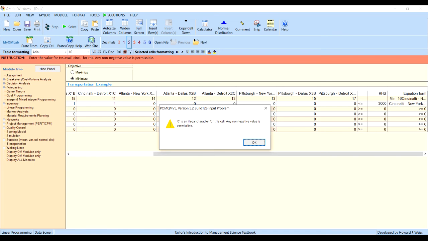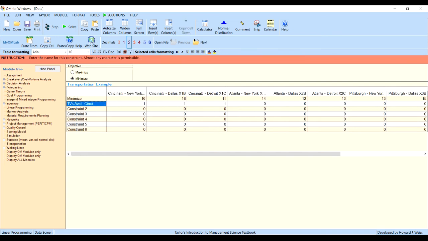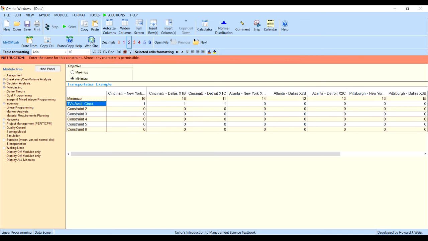So what we've done here is we've shown that TVs shipped from Cincinnati to New York, Cincinnati to Dallas, and Cincinnati to Detroit must be less than or equal to 300. If it's more than 300, those TVs don't exist. This is not a viable answer.